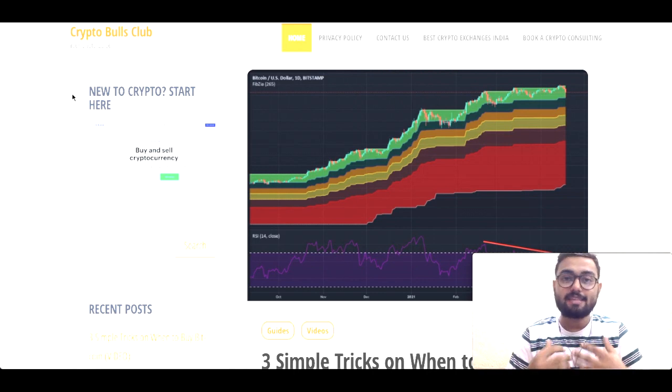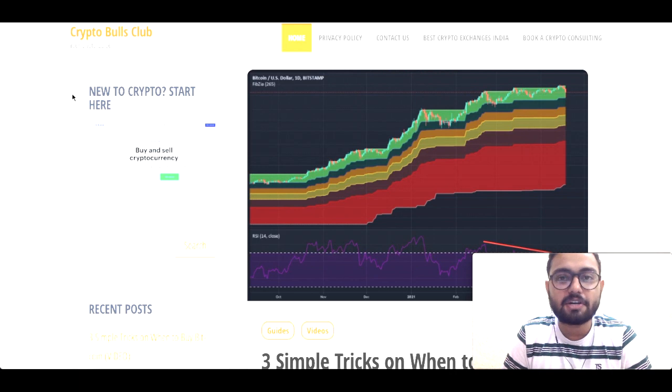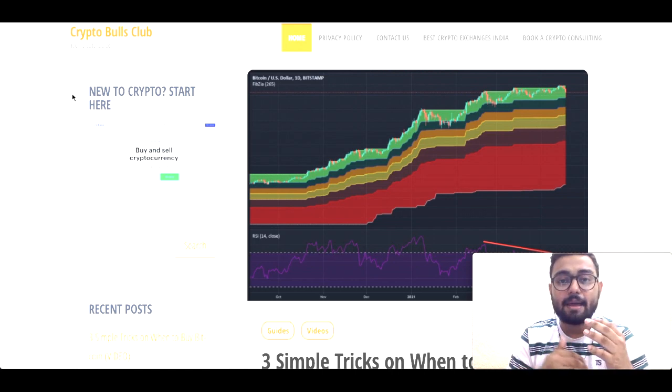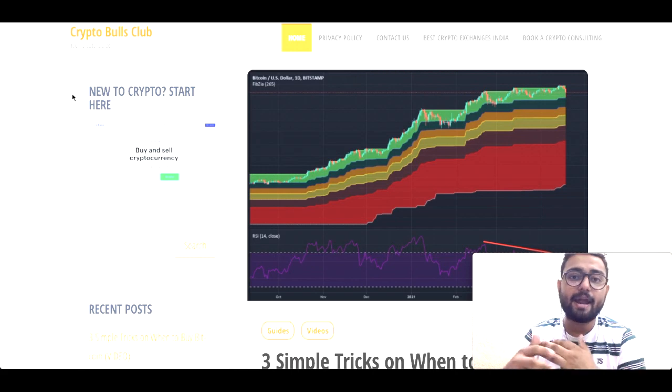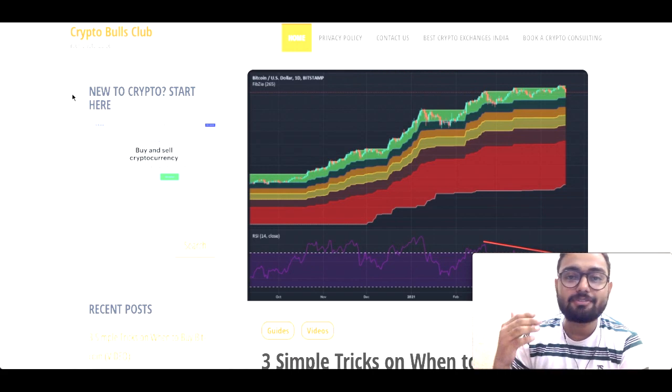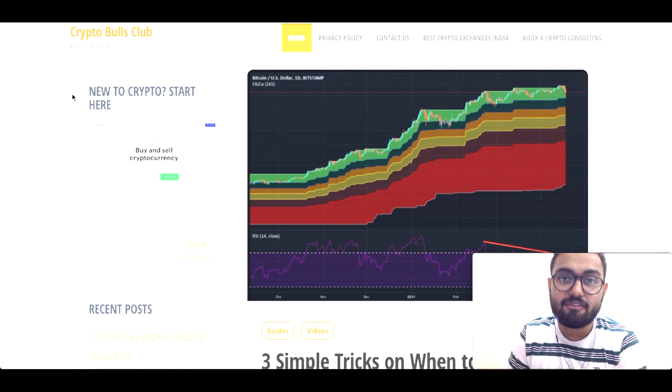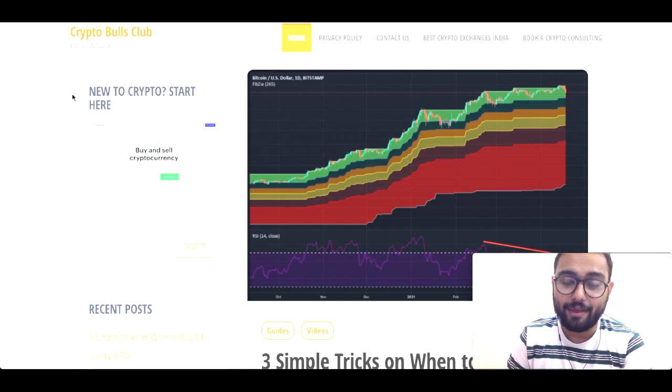Now, I'm not saying that once it has pumped by 400, 500%, it cannot pump by another 500%. That is always there, but the risk of that coin coming down or correcting by more than 80% is much higher as compared to the reward of that coin pumping by another 200, 300%. So we should never ever be FOMOing about a coin, right? We should never follow pumps and put our money in these coins. Moving on.